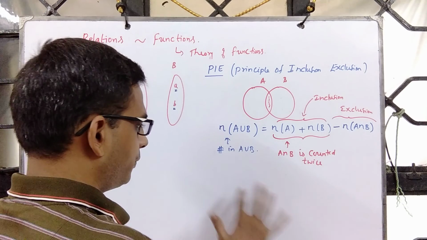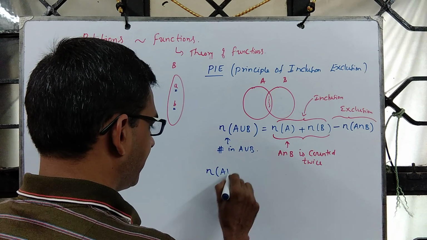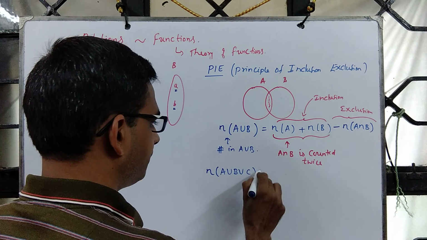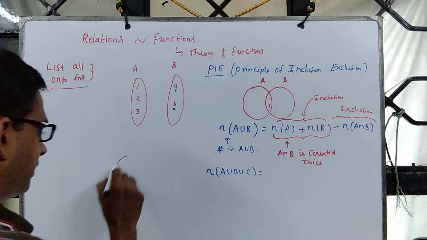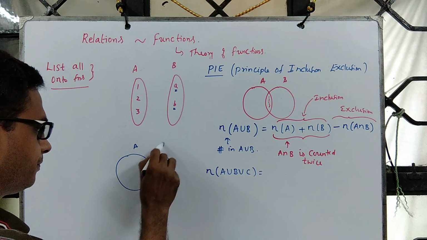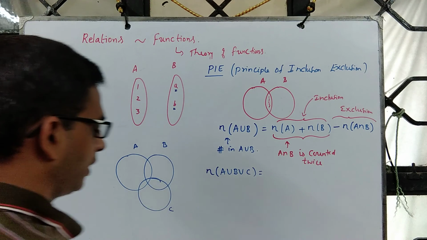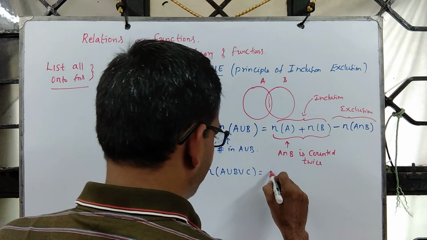Now you scale this up. Let's look at A union B union C. If you look at the underlying Venn diagram, you will have A, B and C. Now when we do this counting, what happens?